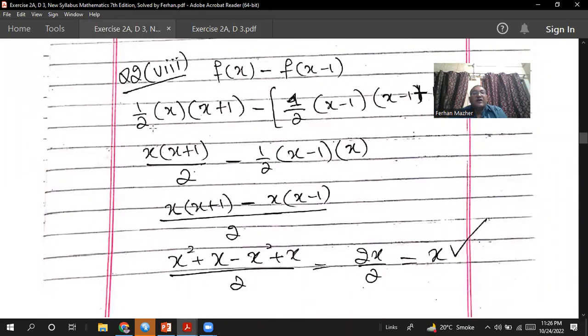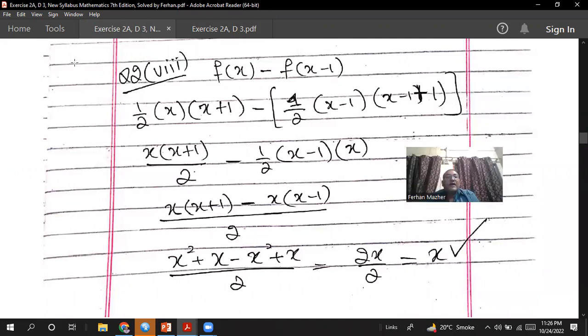And that is this part, f of x. Okay, f of x minus f of x minus 1. So it will be 1 by 2 into x into x plus 1 minus square bracket 1 by 2. Here now you replace the x with the x minus 1. It will be x minus 1 into x minus 1 plus 1 bracket close, square bracket close.